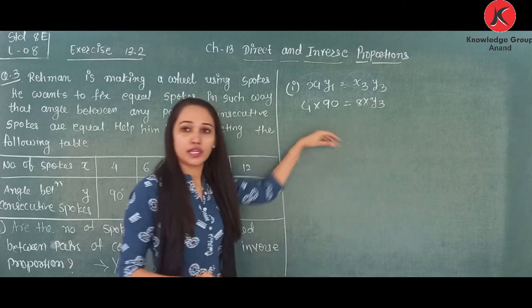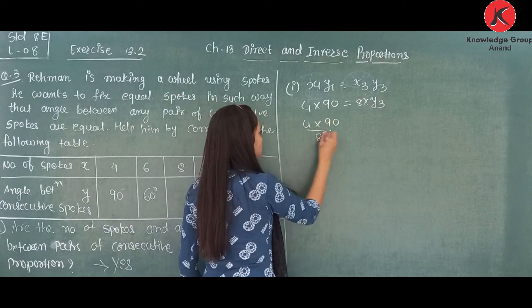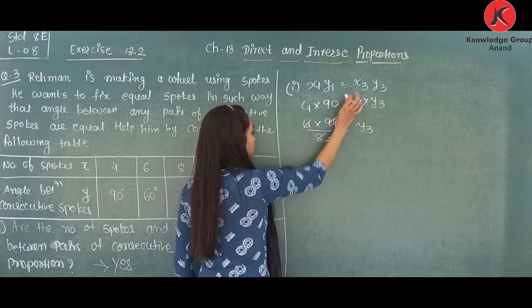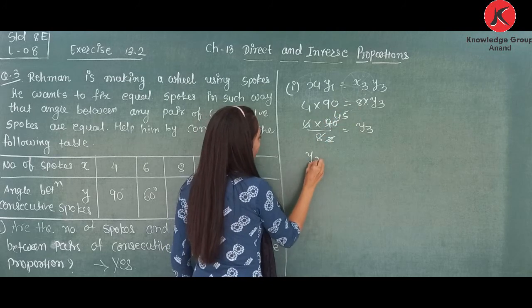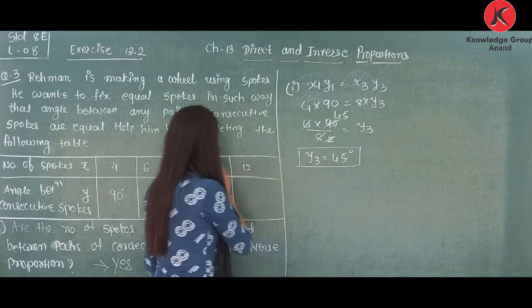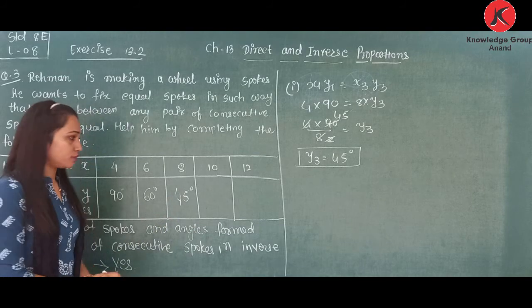To find y3, take 8 in the divide: 4 multiply 90 divide 8 is equal to y3. If we cancel this, we will get 45. So y3 is equal to 45 degrees. So when the number of spokes is 8, the angle between consecutive spokes is 45.